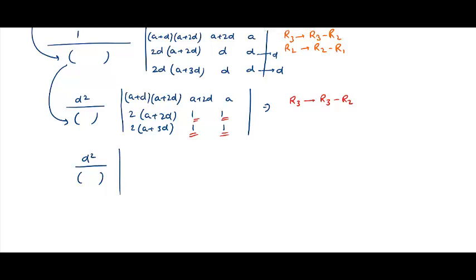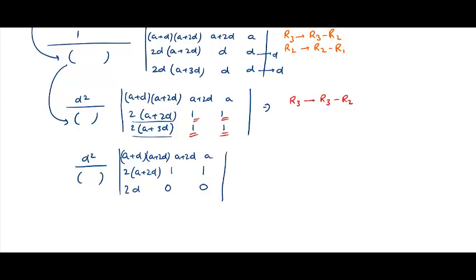From the third row we are subtracting the second row, so we get 2 times d, and from this you have to subtract this, so we take 2 common, then you get a plus 3d minus a plus 2d, which gives you 2d. Then you have 0 0, then we have 2 times a plus 2d 1 1, and then a plus d, a plus 2d, then a plus 2d, and then a.